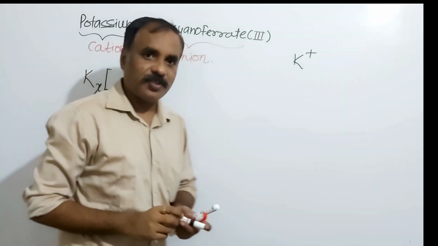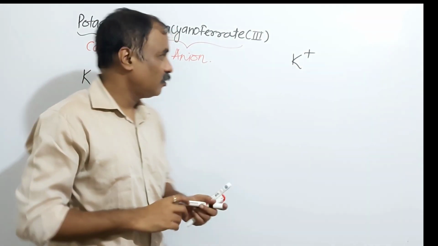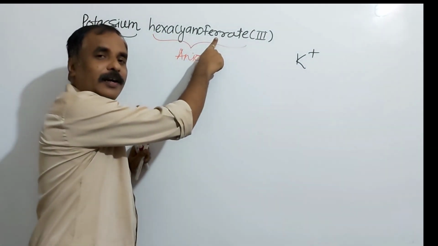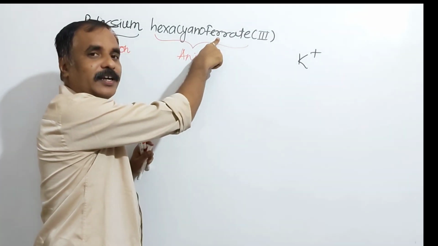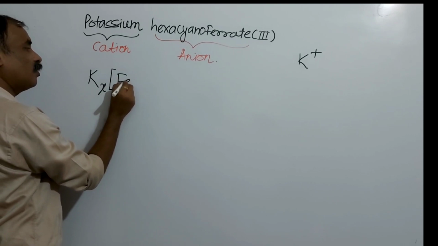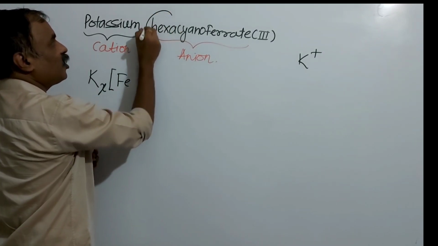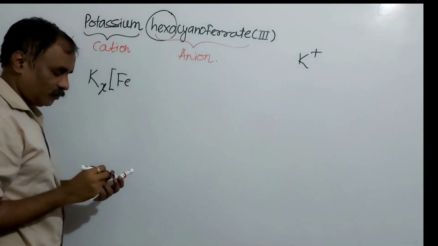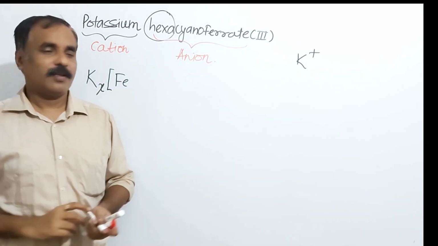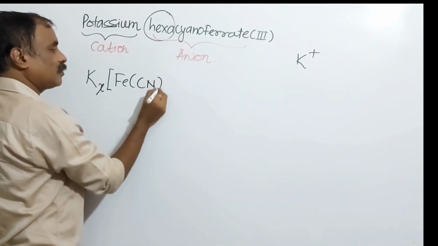Remember, in a complex, while writing the formula, first we have to write the metal. Here the metal is ferrate, which is the Latin name of iron, so here it is iron. Hexacyano, hexa indicates the number of ligands. Hexa means 6, cyano means CN minus, so Fe(CN)6.